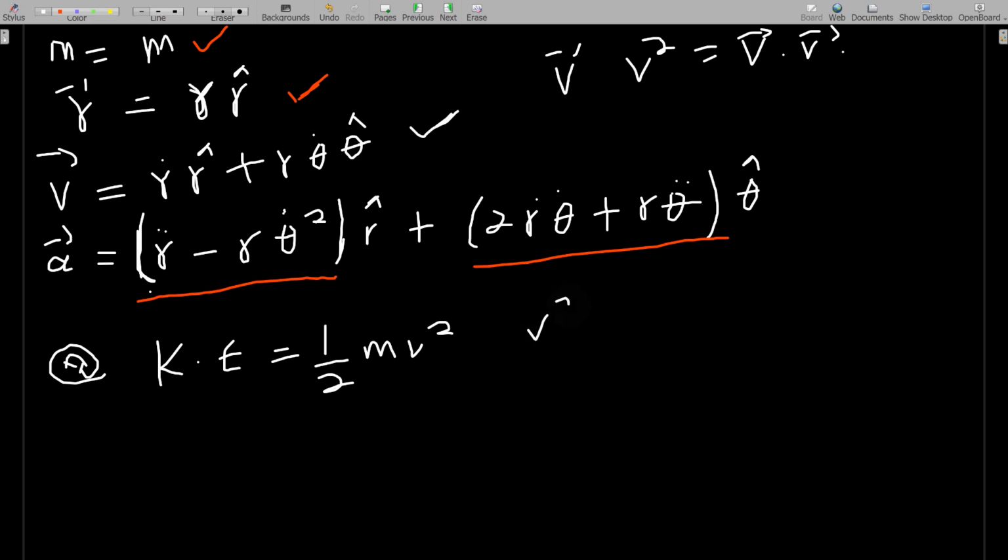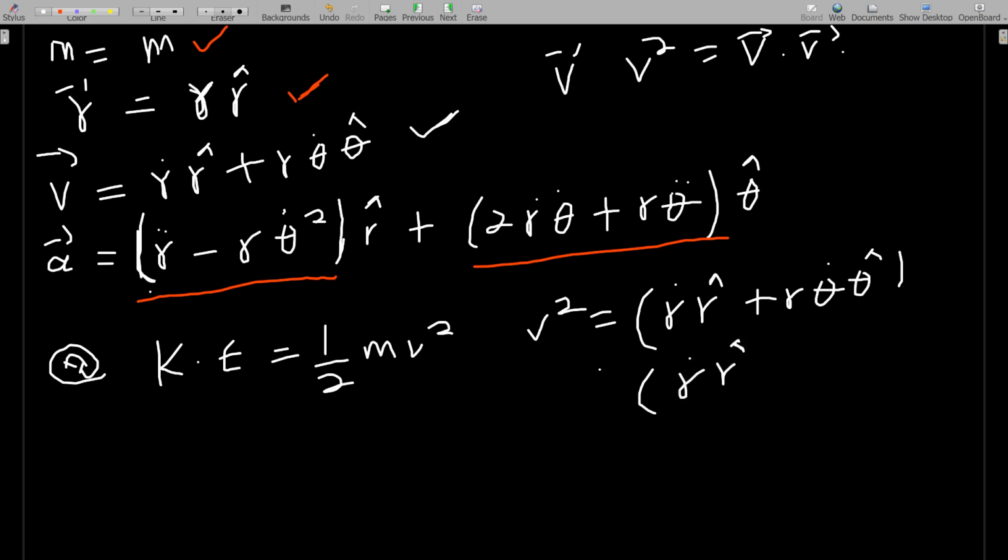So v squared will be equal to r dot r cap plus r theta dot theta cap, dotted with r dot r cap plus r theta dot theta cap.